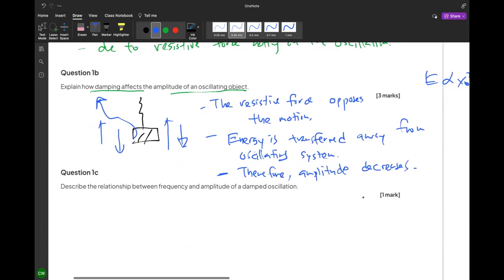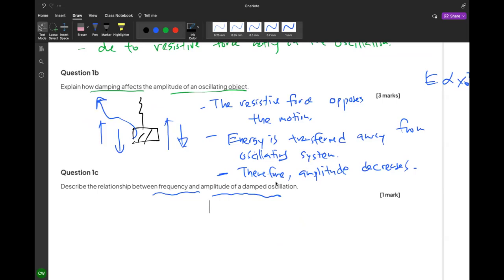Okay, describe the relationship between frequency and amplitude. Let's see who knows the relationship. What is their relationship? Will the frequency change during the damped oscillation? Will change or will not change?